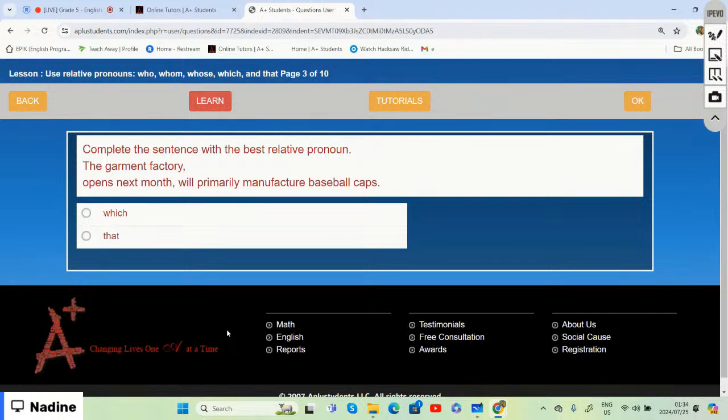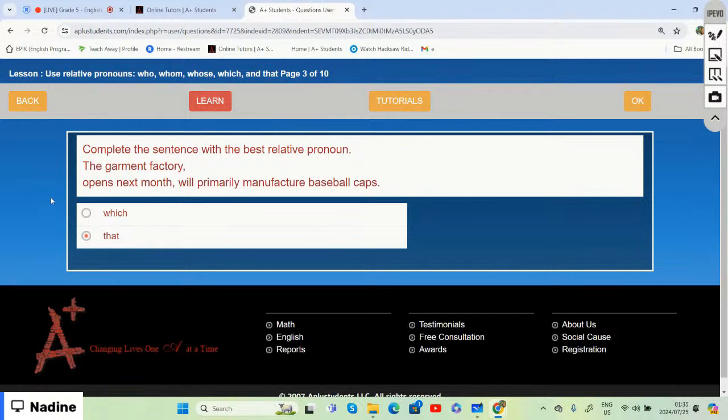All right, so if we were to choose the correct one, then we can say the garment factory. Some people say which, some people say that. Some people say which opens next month. Some say that opens next month. Let's choose one so long and then we can debate around that, right?